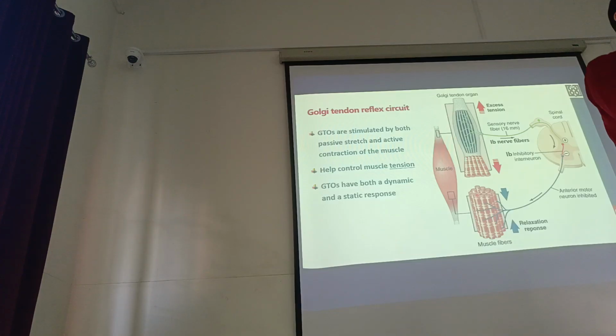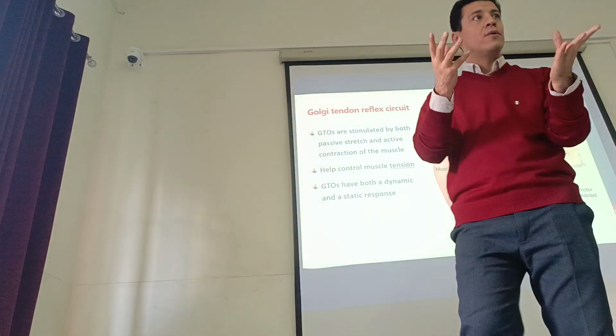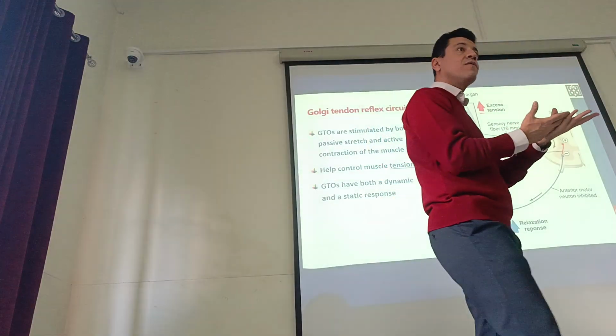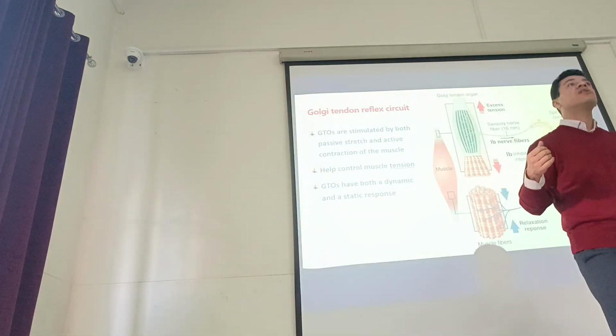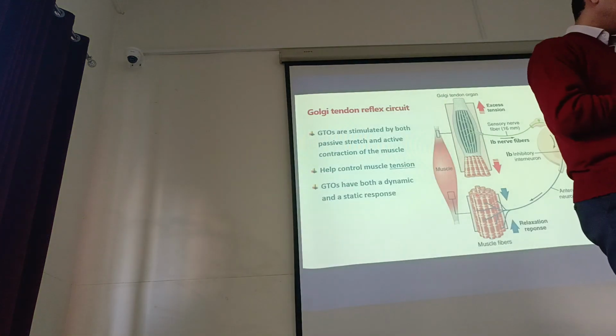So this way it can protect the muscle from tearing down, from rupture, from separating from the bone or dislocation of the joint, right? So when the contraction is very strong, all of this may happen.